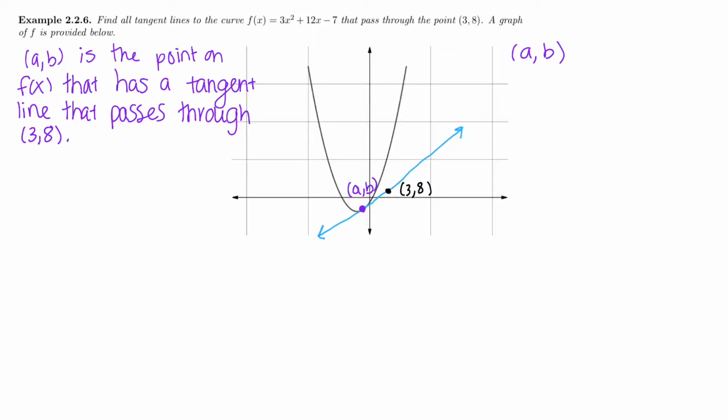But here's the thing about a comma b. A comma b is on this curve 3x squared plus 12x minus 7, which means the y value b is actually just what happens when a is plugged into this function. So really, b should be f of a, because the y value of any point on this curve is going to be the x value plugged into the function.